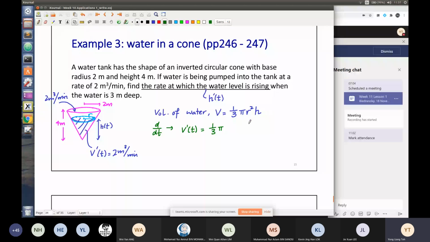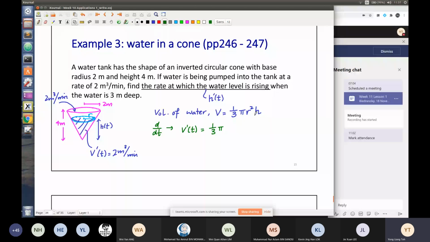One is that you find a relationship between r and h, and obviously there is a relationship, so you can substitute in h as a function of r and have everything in terms of r. Another way, of course, is to use your product rule when differentiating, because we know that both r and h are changing.